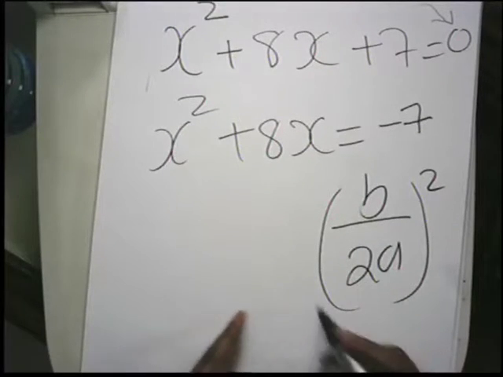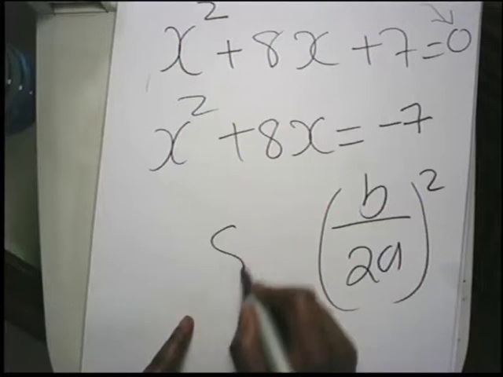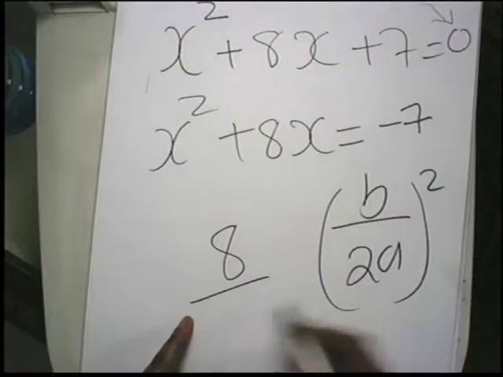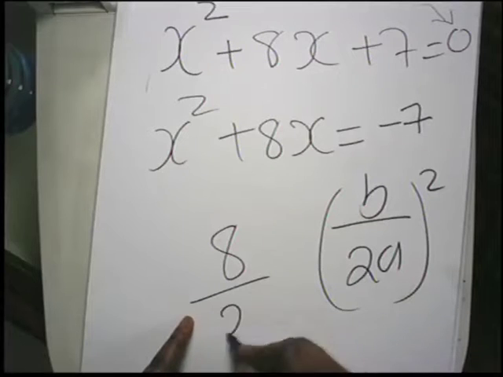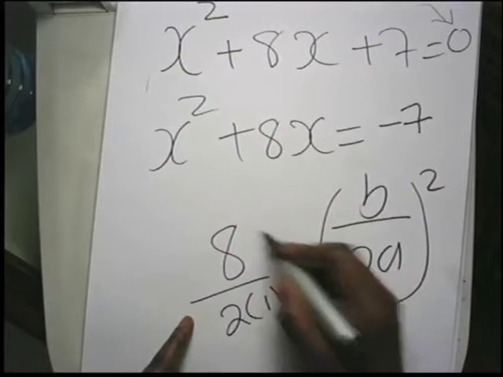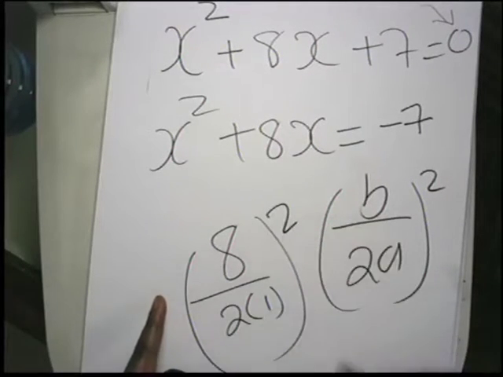Since our b is 8, then we are going to have 8 over 2 multiplied by a, which is 1, so it's 2 multiplied by 1, and then we are going to square this, isn't it? That is what we are referring to, and then you are going to add that on both sides.